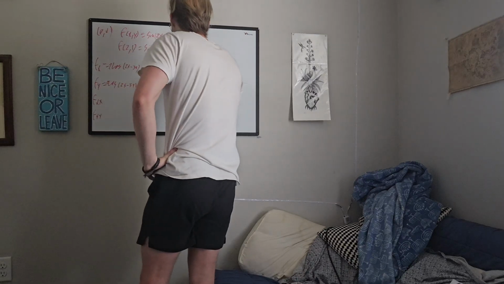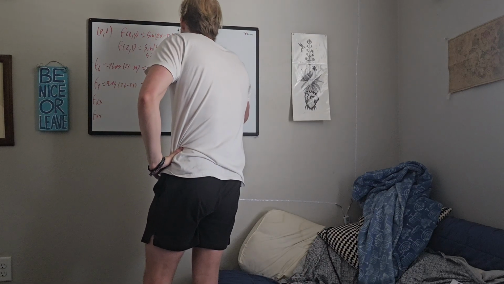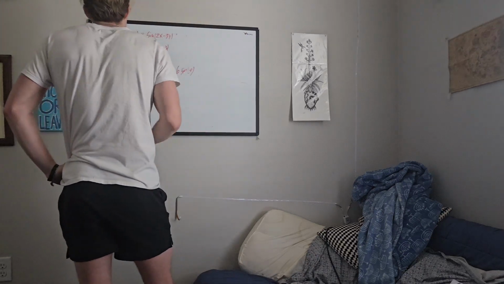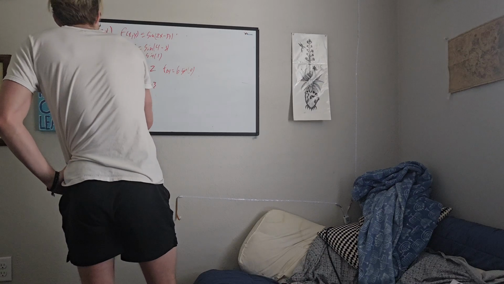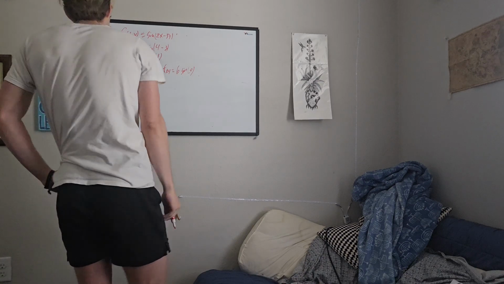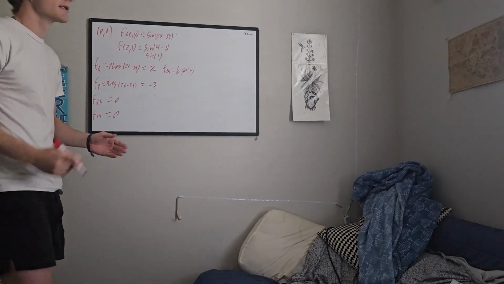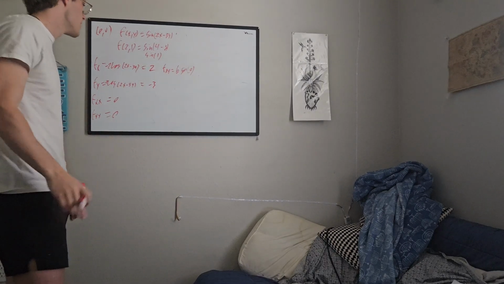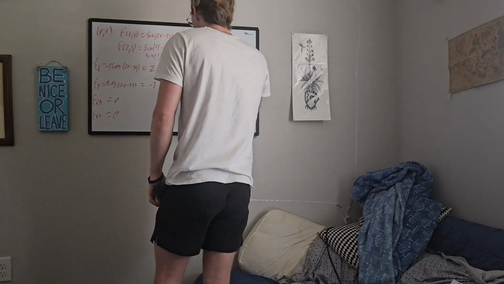So it's 6 sine of 0. That's way easier if I just write 0. And these are equal to 0 as well, because it's all going to be sine, and sine of 0 is 0. So these are 0. Don't even need to do the math. And this is 0 as well.